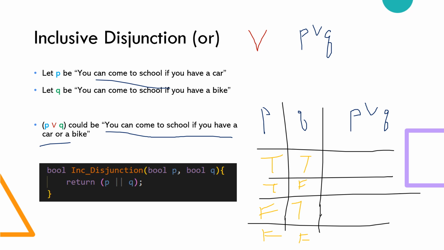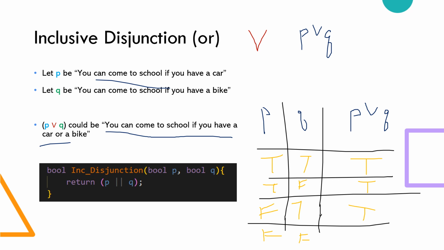Well, you can definitely come to school. You can choose either one of them. So this would be true. Let's just say you have a car but you don't have a bike. Well, that's no problem. You can use the car to go to school. So this statement is true. If you don't have a car but you have a bike, you can still use that to get to school.